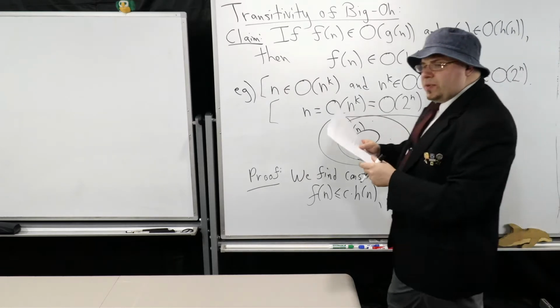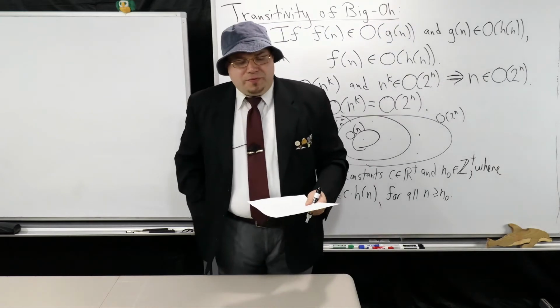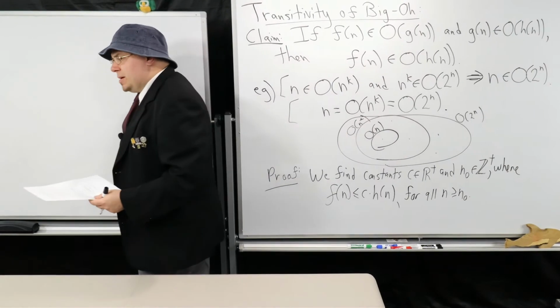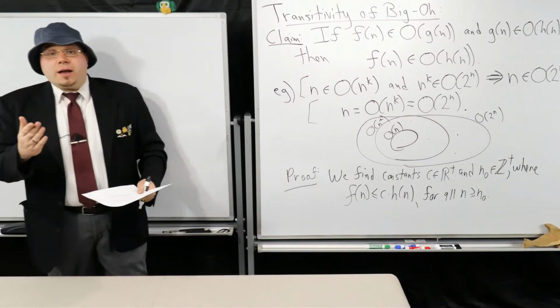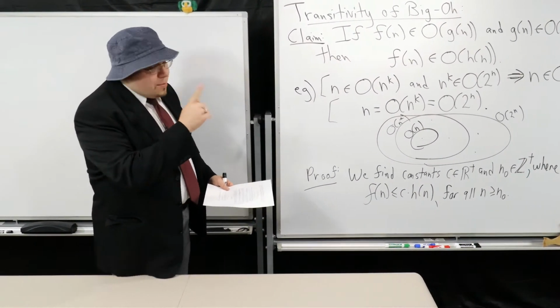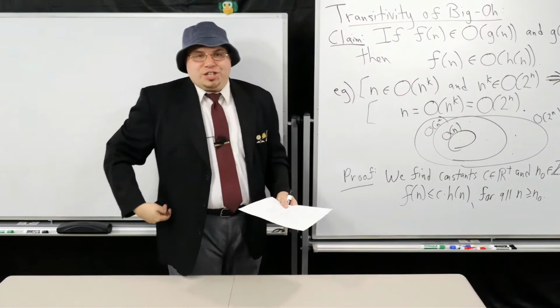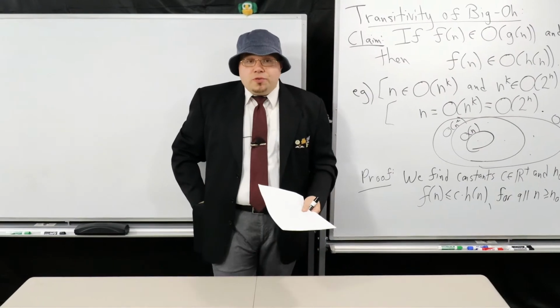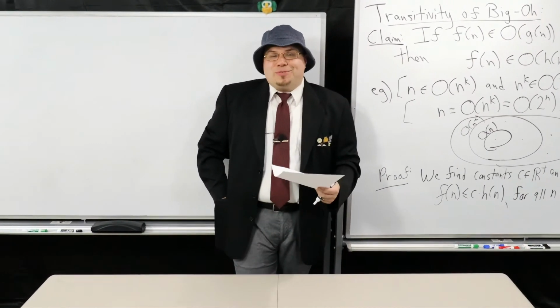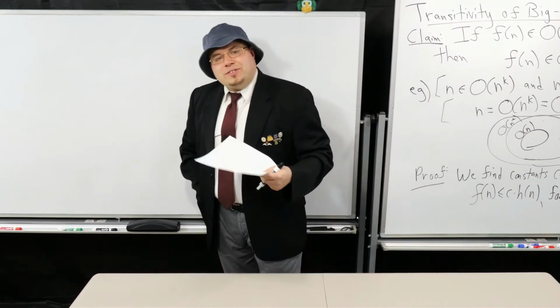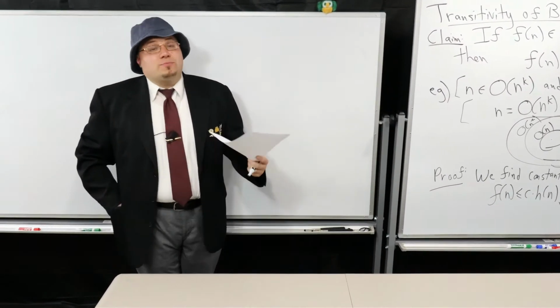Now I'm going to invoke a very similar pattern to what I did before, and you'll see quite quickly how this becomes very handy. The big thing I want you to take note of is that I know that f is big O of g, and I know that g is big O of h. So we're going to use that in my proof, or our proof, I should be more precise, to prove the general claim. We're going to use some of the techniques that we've seen previously to prove this claim.